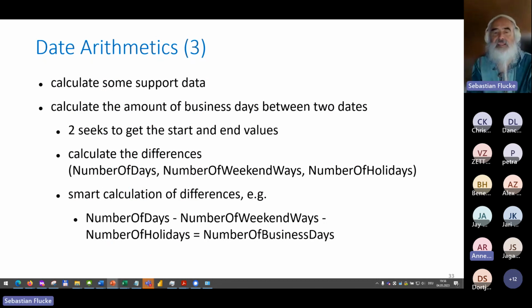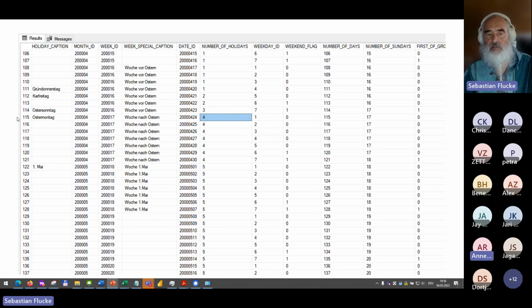So, how can we deal with that? It's quite easy. If we want to calculate the amount of business days between 2 dates, I have to do 2 seeks in that table to find the record I want to start and the record I want to end.